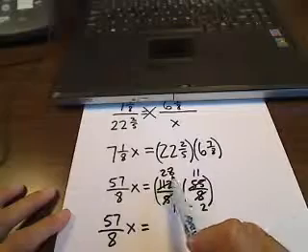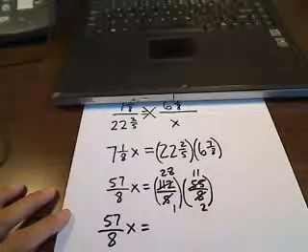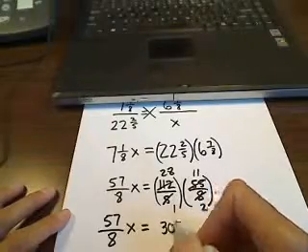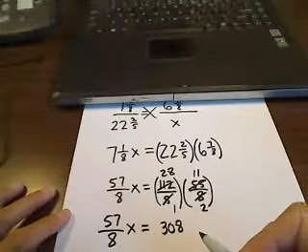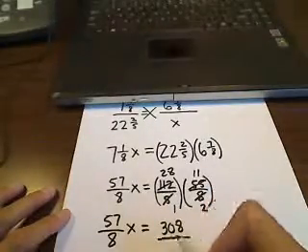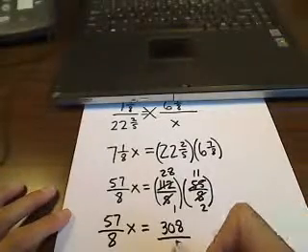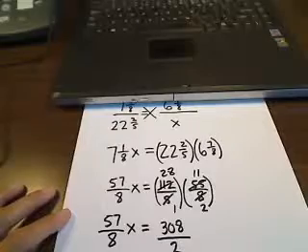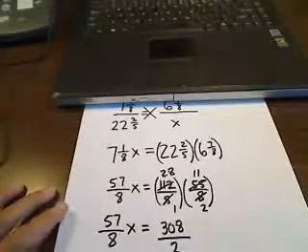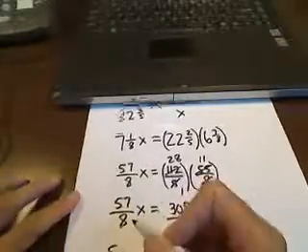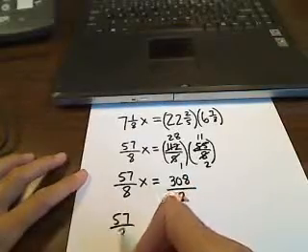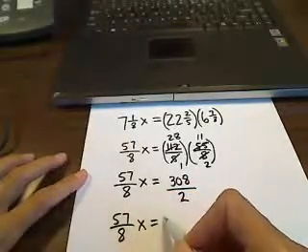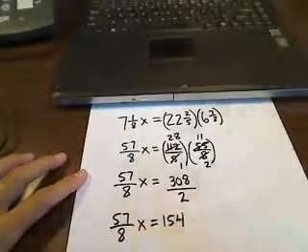So I'm looking at 28 times 11 on the top, which is 308, and that reduces even more, because 308 over 2 is 154. So we have 57 over 8x equaling 154.